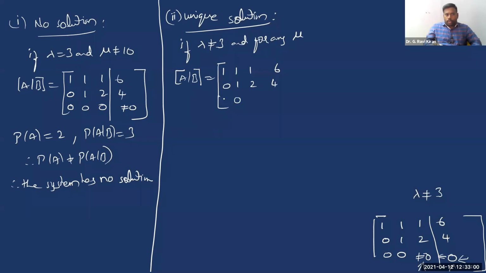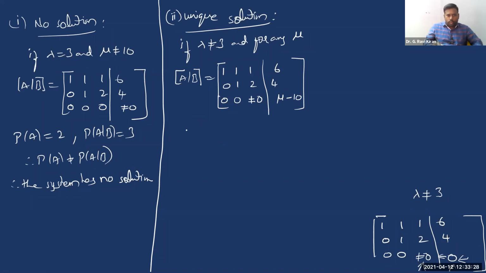But when lambda is not equal to 3, you will get this element as not equal to 0. And here we are taking any mu, so let me take it as mu minus 10. When mu is equal to 10, it becomes 0. When mu is not equal to 10, it becomes not equal to 0. Because we already have a non-zero element here, I don't worry. We may have anything there, not a problem.